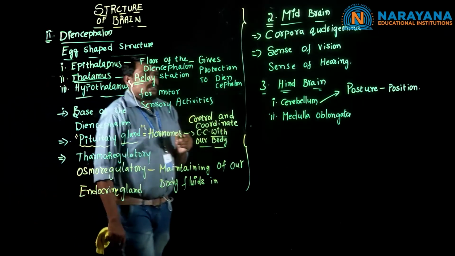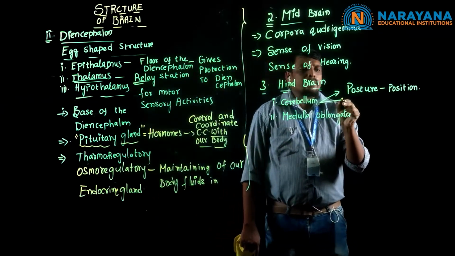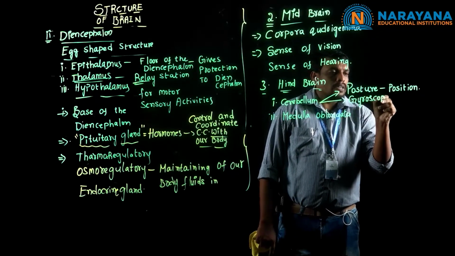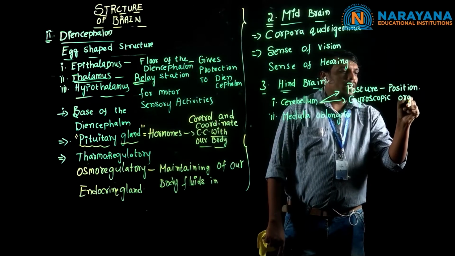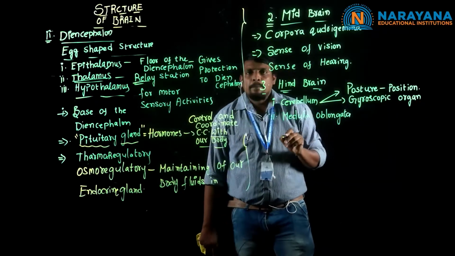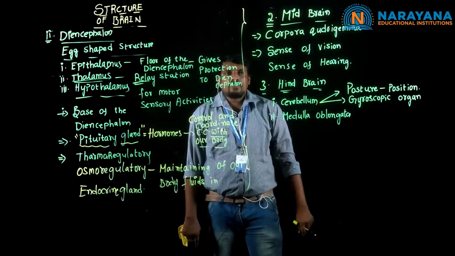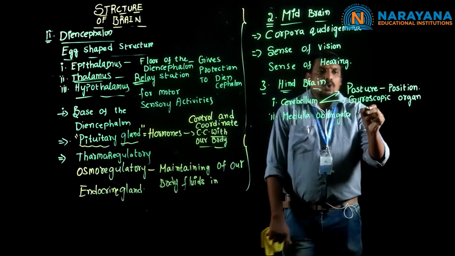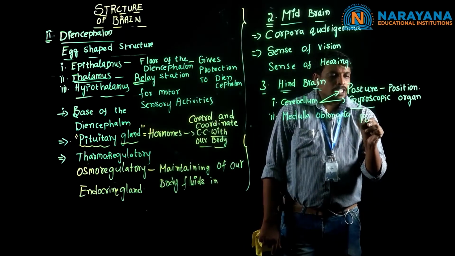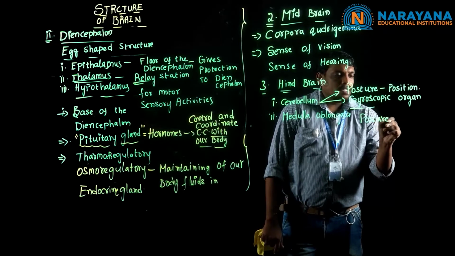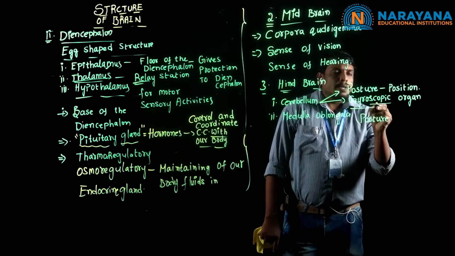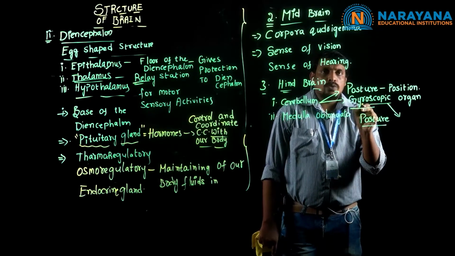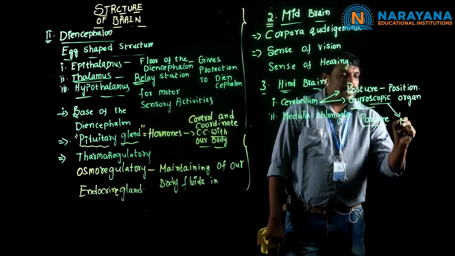Clear? In Greek terminology, the cerebellum is considered a gyroscopic organ. What is a gyroscopic organ? In our brain, it is definitely the cerebellum. How can you define gyroscopic? Gyro means posture, and scopic means maintenance.